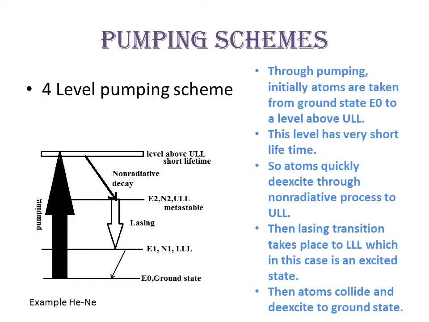Different emissions are possible from the helium neon laser, but the most common emission is the red color emission, and in that case the upper laser level is actually the topmost level. Above that we don't consider any levels, but still this comes under a 4 level system, because we are making use of the neon energy levels.